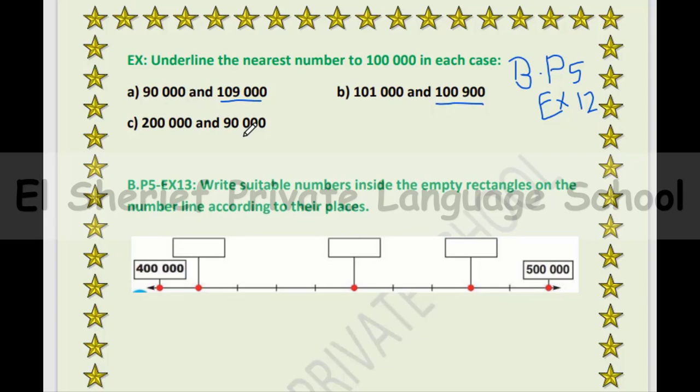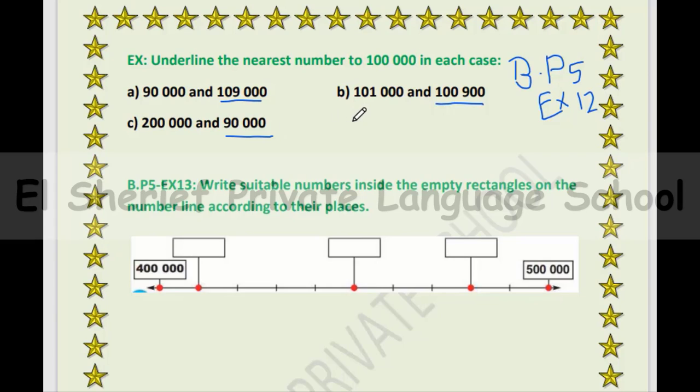Okay, but here we must subtract 100,000. Okay, so 10,000 is the smaller, so we will choose 90,000.